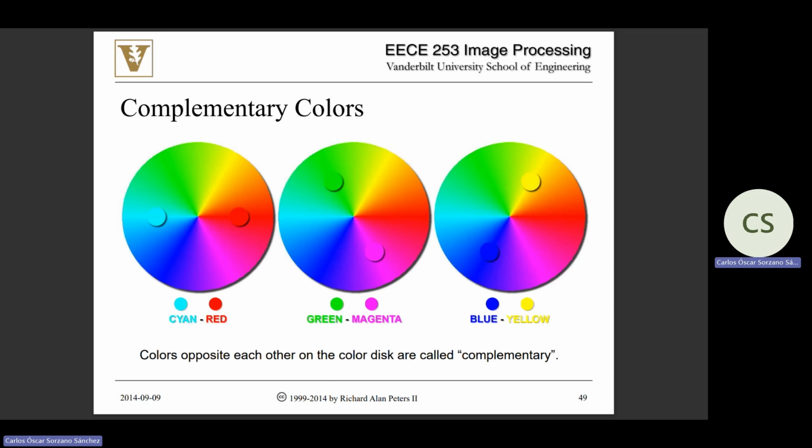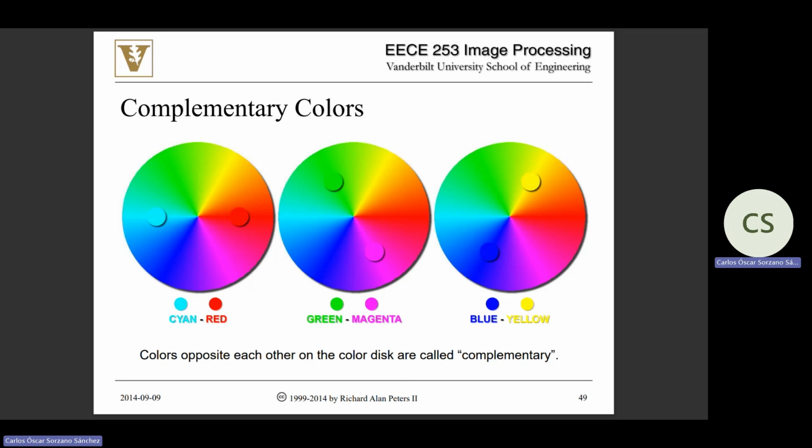Okay, so in this organization that we will see now, how did we get to it? Do you remember that we had magenta, cyan, and yellow? They are not chosen at random.